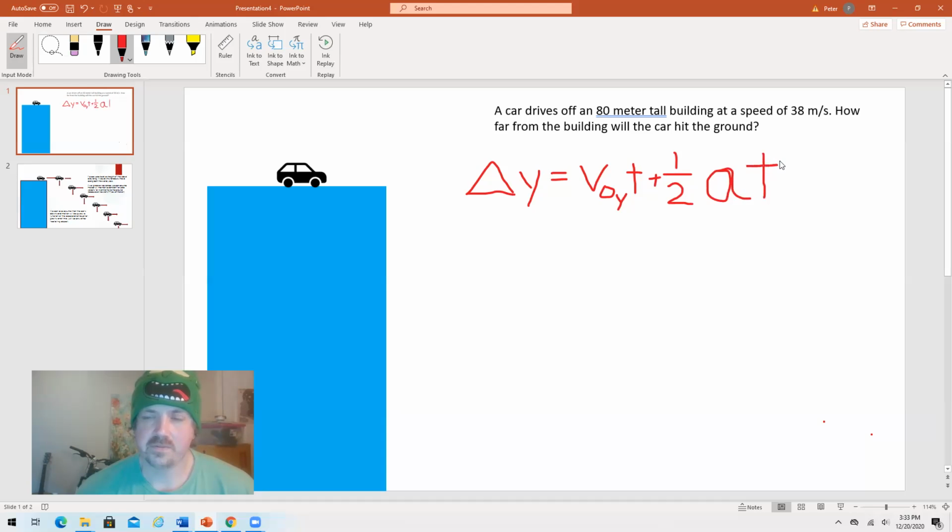So 1/2 the acceleration of the object in the y-axis, multiplied by the time squared.